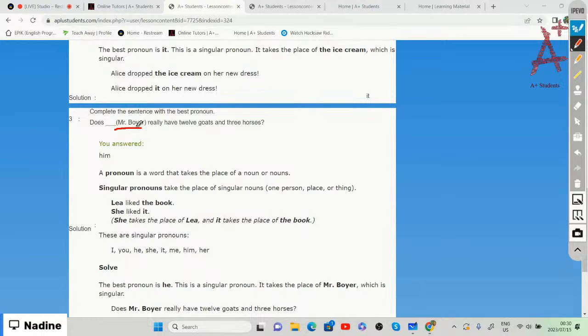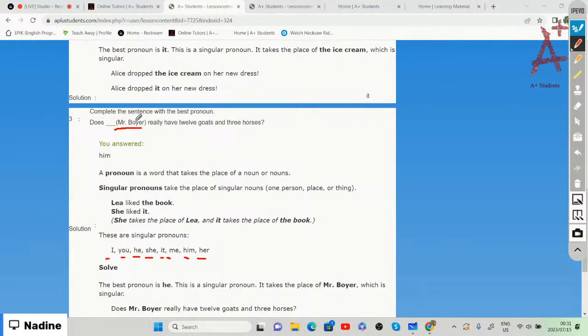We need to choose between the singular pronouns I, you, he, she, it, me, him, or her.